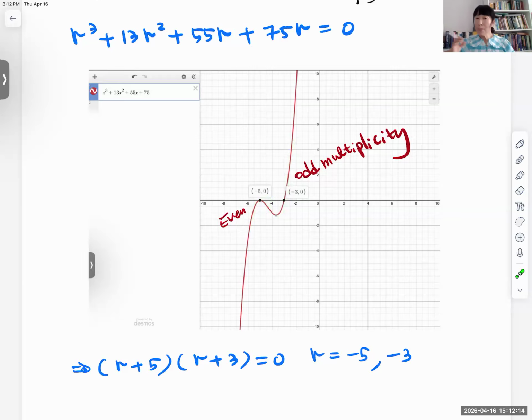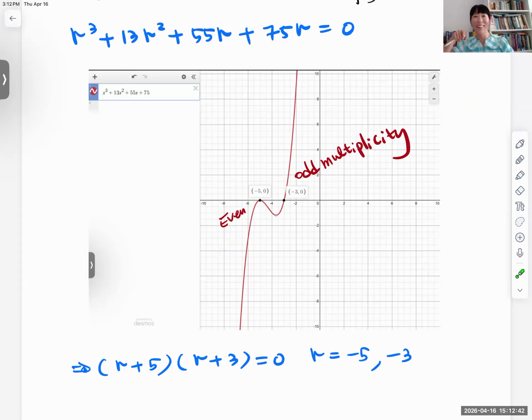Okay, so from pre-calculus, we learned that if even number of multiplicity, then the graph just touches. When I taught pre-calculus, I said even touch. So ET, do you know the movie ET?